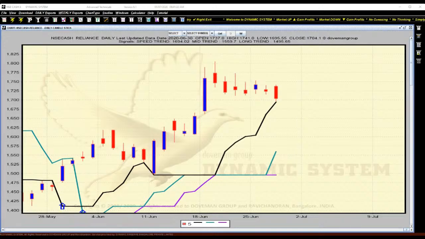But if it trades below and starts coming down, then simply hold on to your short position with range 3 buy above as your exit. But if the price opens directly above range 3 value, then you can exit right at the opening itself. So this is about Reliance as per dynamic system.